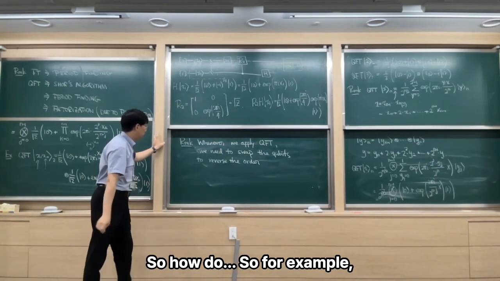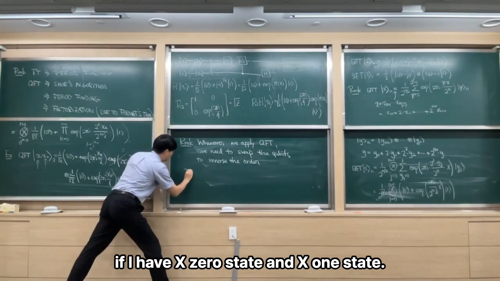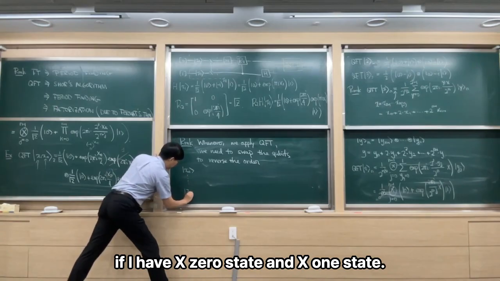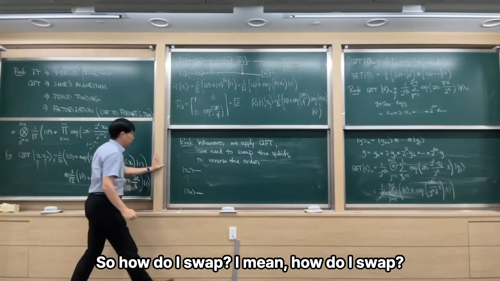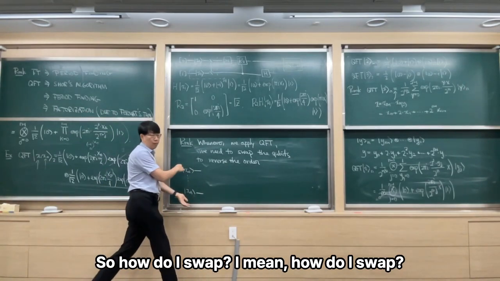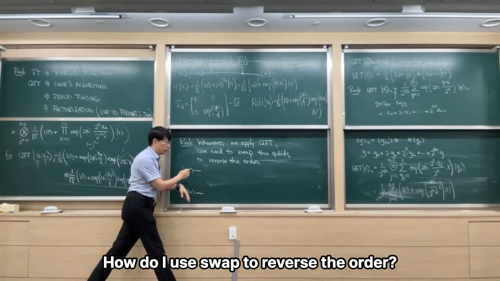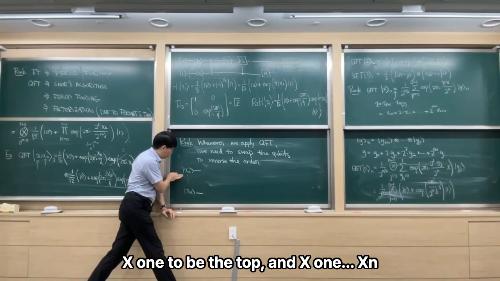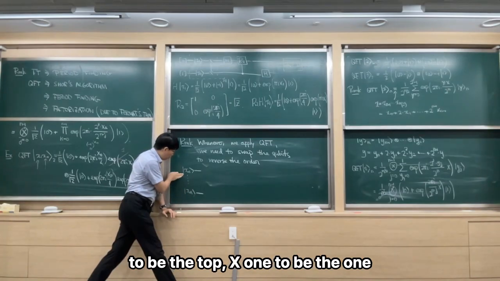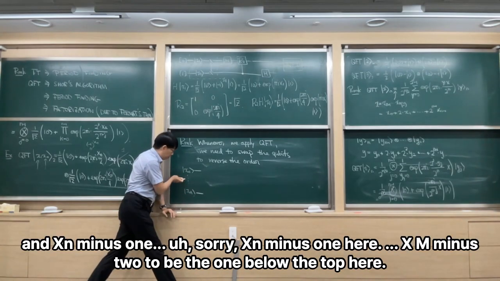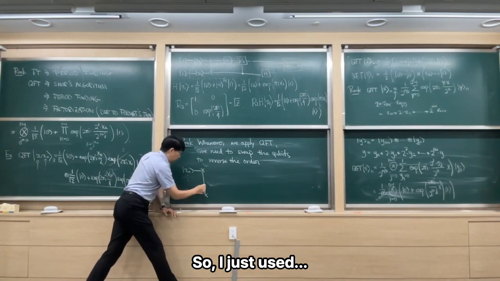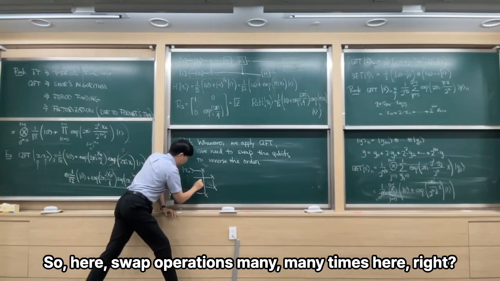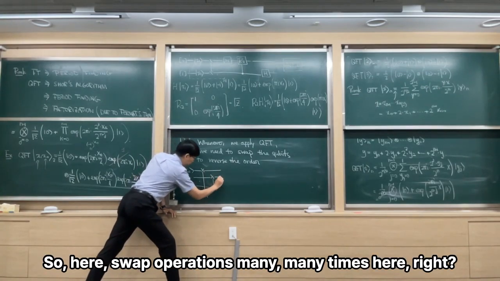So for example, if I have x0 state and x1 state, how do I use swap to reverse the order? I want x0 to be at the bottom, x1 to be one above the bottom, xn to be at the top, and xn minus 1 to be the one below the top. So I use swap operations many times here, right?